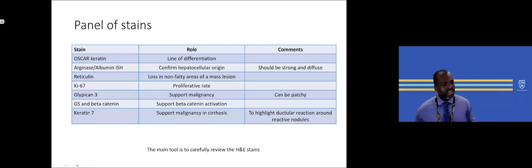And keratin 7 in the context of cirrhosis can be helpful in supporting a diagnosis of malignancy, specifically by looking for that ductal reaction around reactive nodules. That said, I think the main tool is to carefully review the H&E stained sections and to be cognizant of what is going on in the patient's clinical history and workup.